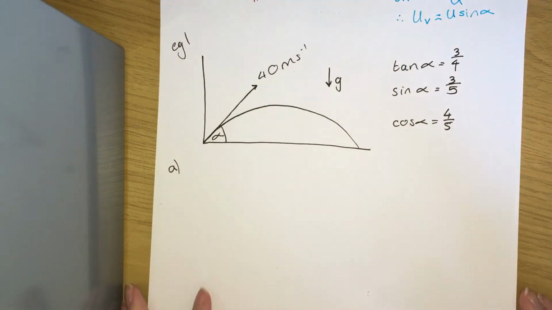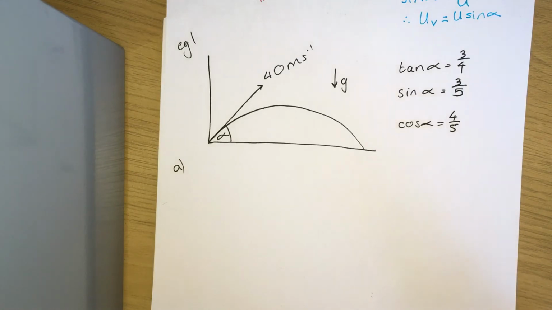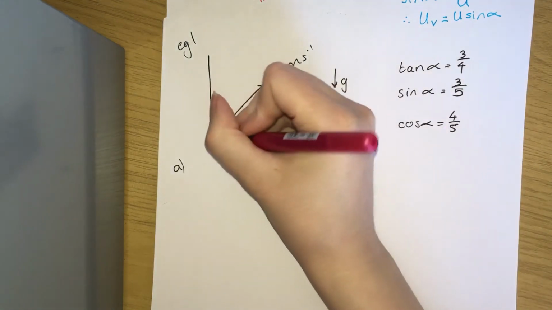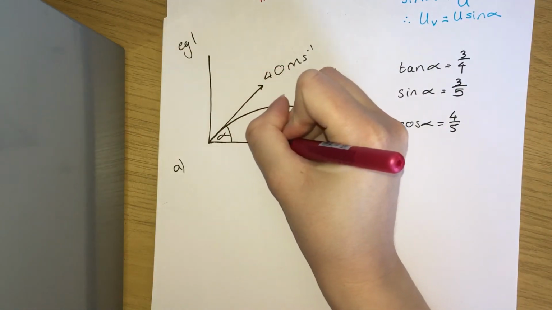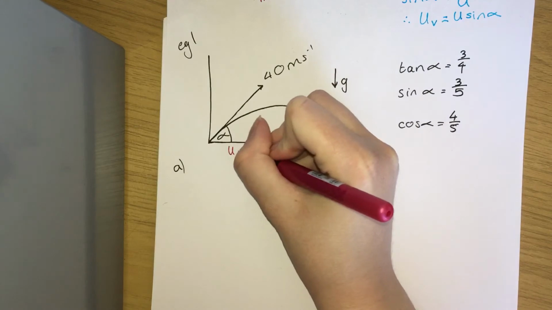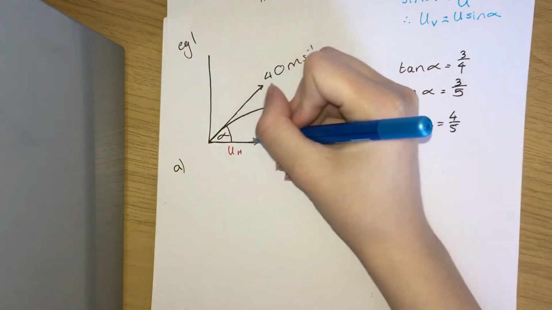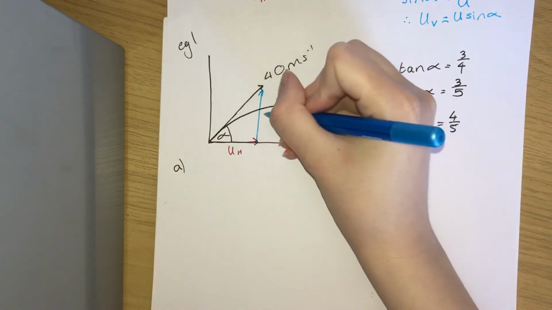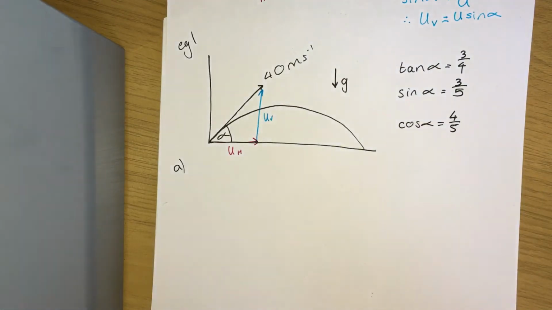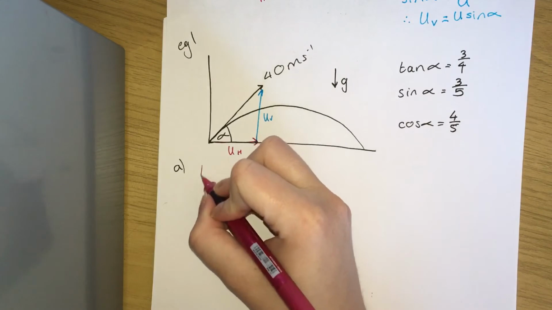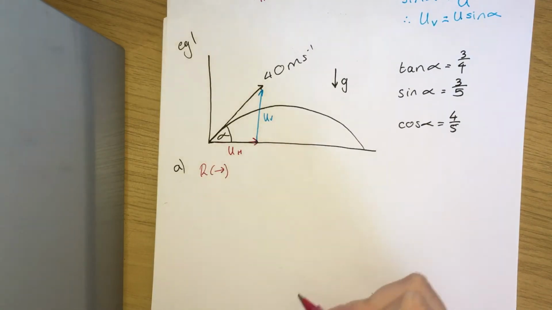Part A: find the horizontal and vertical components of the initial velocity. So effectively what that means is find what the horizontal and the vertical velocity is to start with. So I'll resolve horizontally first.